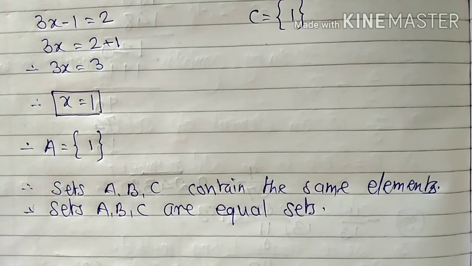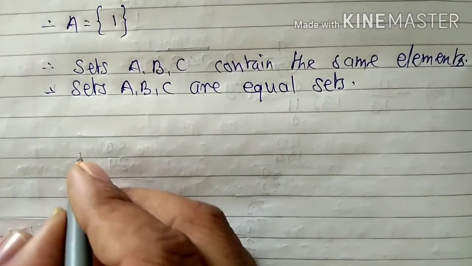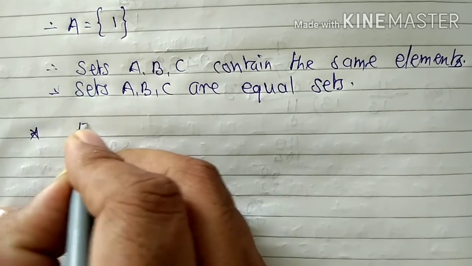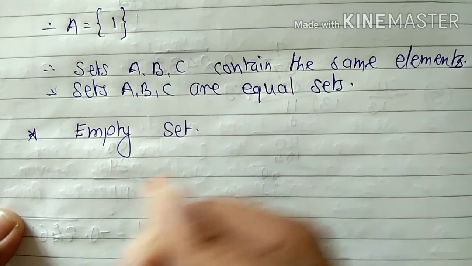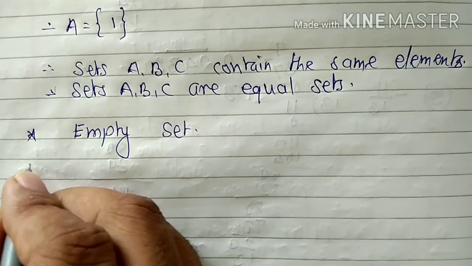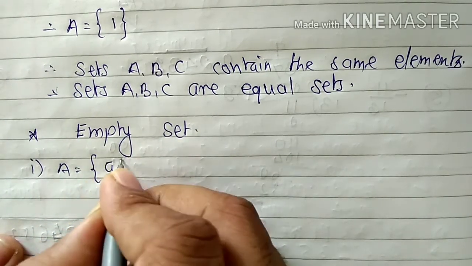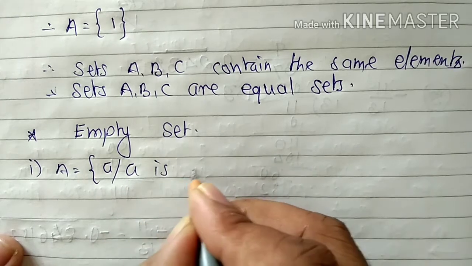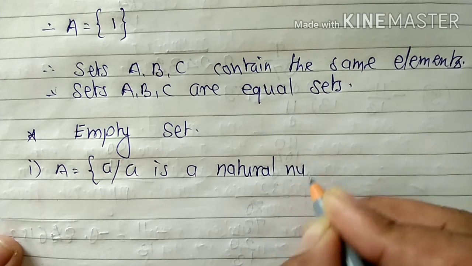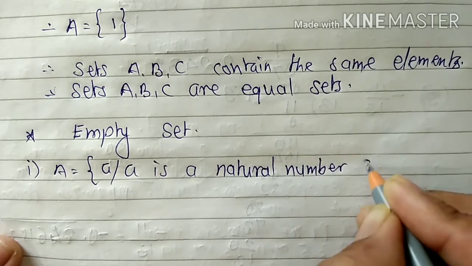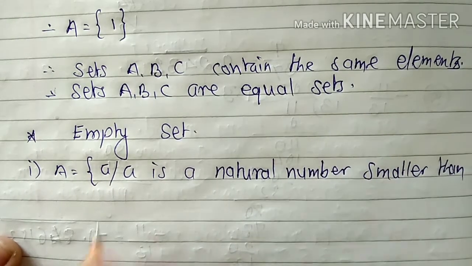Okay, now let us see the next concept, that is the empty set. Empty set. Okay, I am taking one example. Suppose A be the set of a such that a is a natural number smaller than 0.